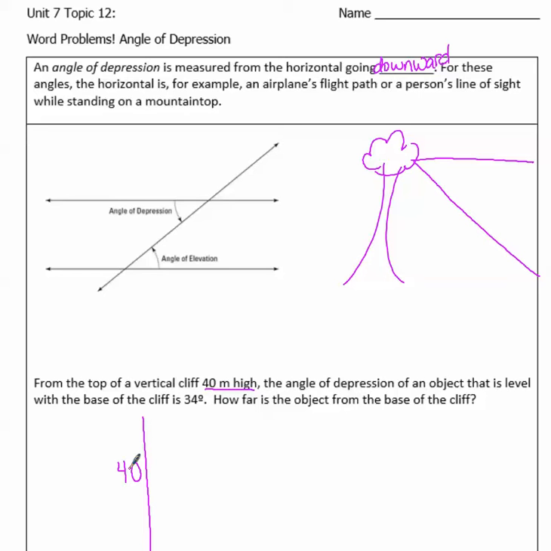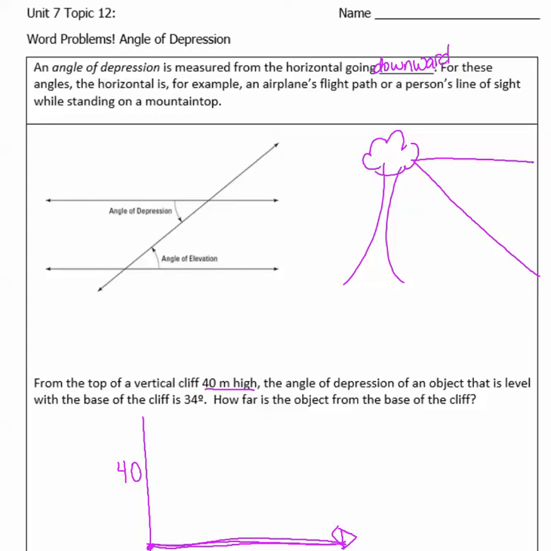There is an object that is level with the base of the cliff. So here is the base of the cliff, and there is an object out here level with that. So here is my object. That object makes an angle of depression.